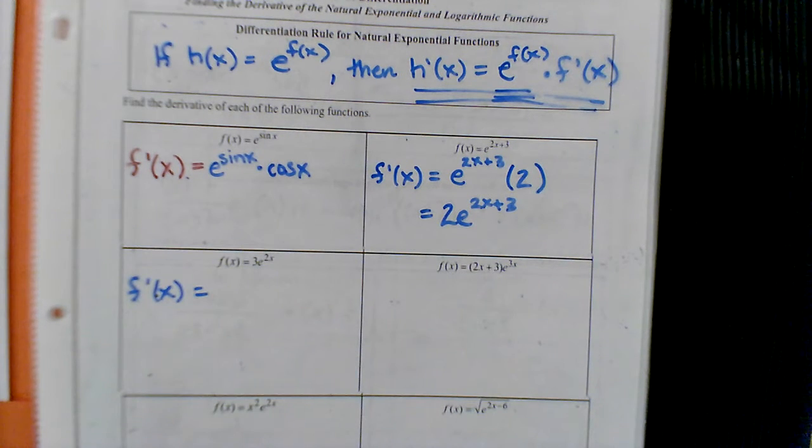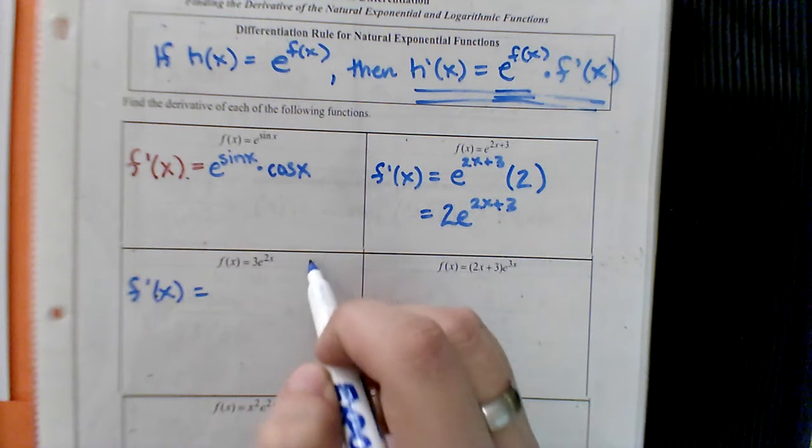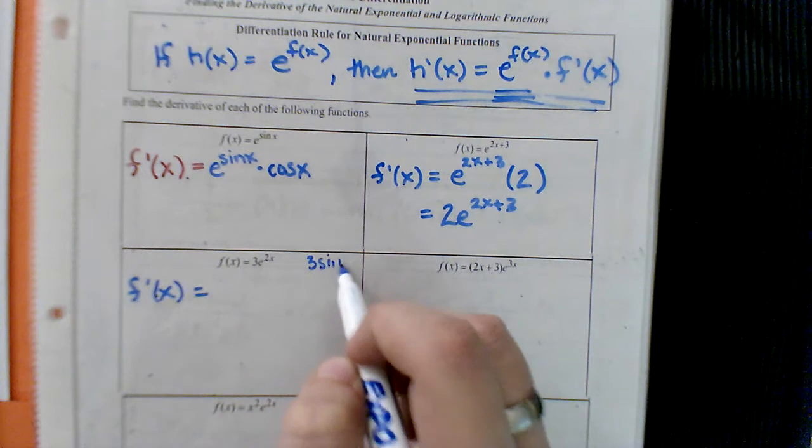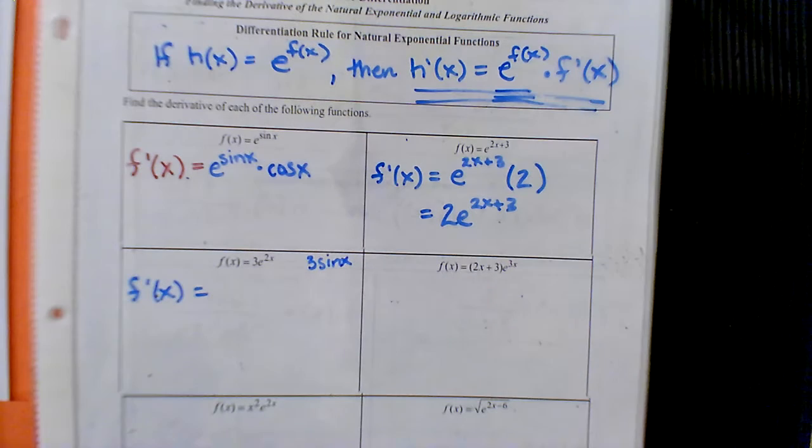Okay. This time we have a coefficient out front, that number 3. How have those coefficients kind of worked with other derivatives we've done? For instance, if I were to write down 3 sine of x, what would you say the derivative was? 3 cosine. So whenever you just have a number out front, a coefficient, it stays there for the derivative.